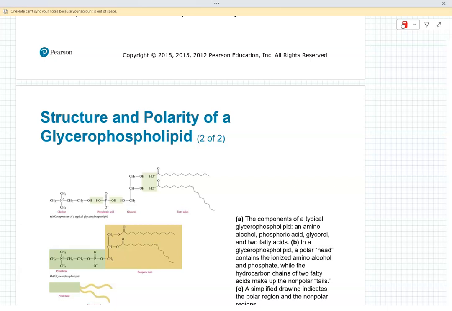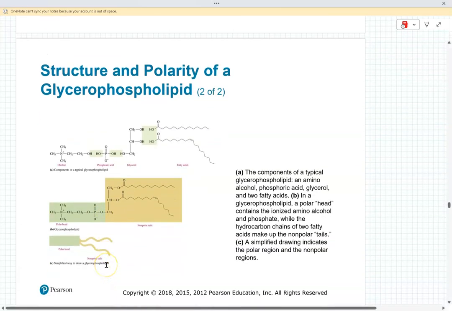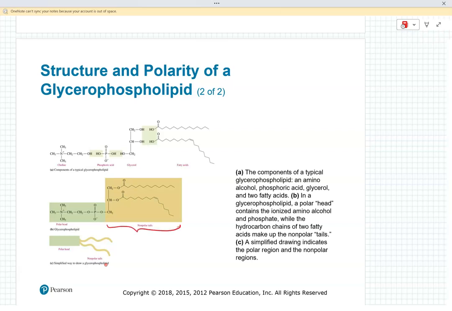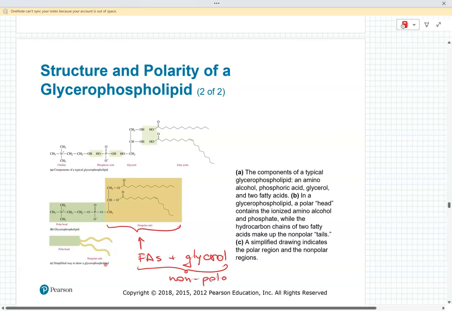So essentially this portion, the fatty acids plus glycerol, is nonpolar.